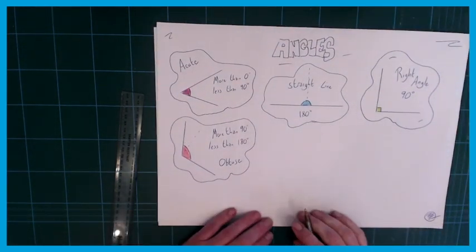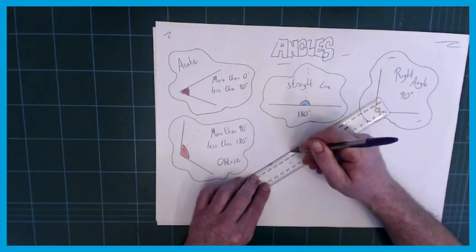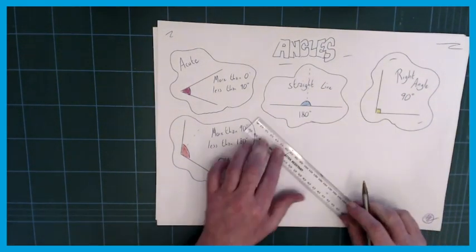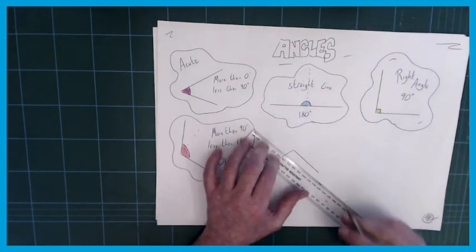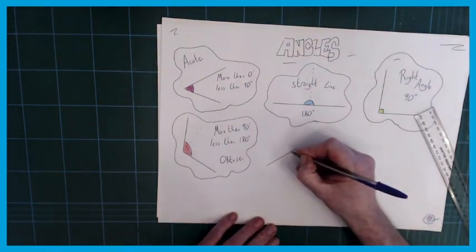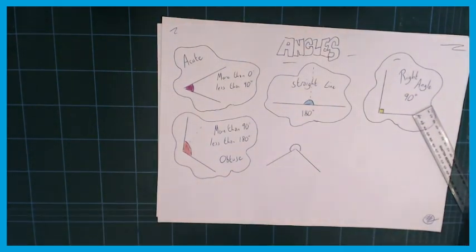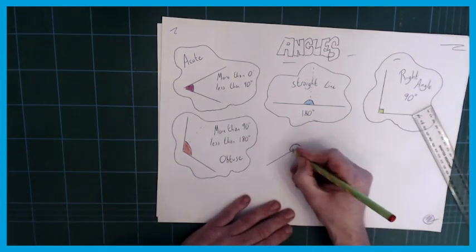Okay, well, another one coming up now. Now this one is going to be like that. It looks very similar to this, but there's a slight difference. The angle goes round on the outside of this one.